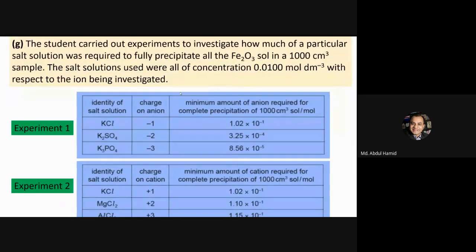Another one, the student investigated the following information. In experiment 1, if you see, the negative ions are changed and the mass is changed, and the minimum amount of anion required decreased. In experiment 2, the positive ions change, the positive charge increases and the mass increases.